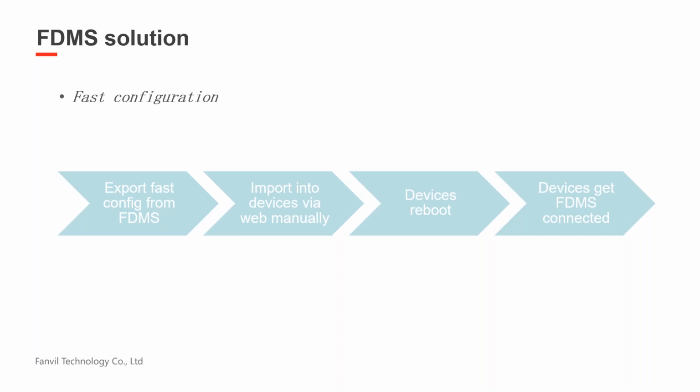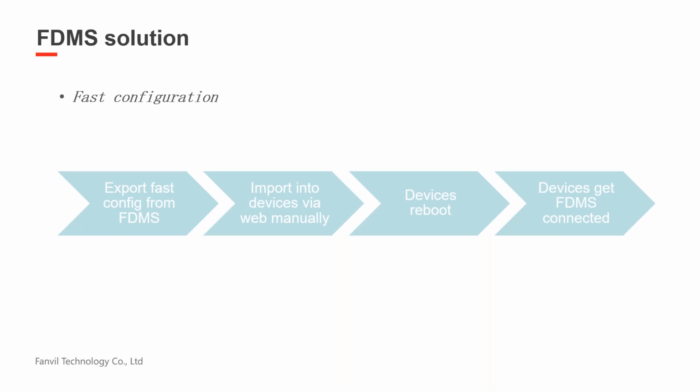So there are two methods. The first one is the fast one, which means you can just access the FDMS server first and then export a config file named the fast config for FDMS. Then you can save this config file, log in to a Fanvil device, go to the web page configuration and import the config file into the device.